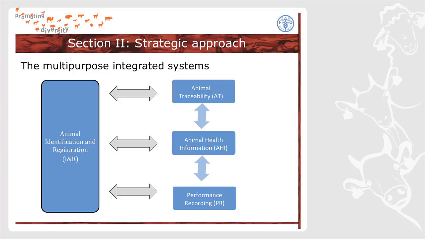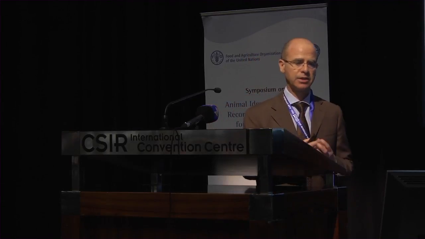And the fourth component is performance recording. So this is how the integrated approach, the system, could be articulated. And we will see later on what it means. This system could be physically in one database, but it could also be an integration linking different databases together. It does not necessarily mean one physical system.